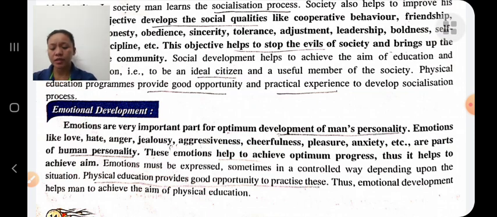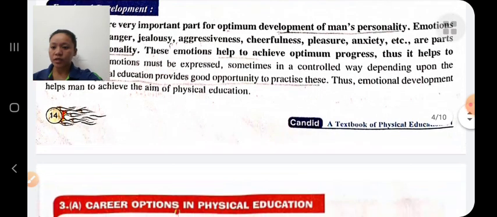Physical education helps to bring stability to his emotions. Physical education also teaches an individual to accept failures with a positive mind, which is helpful throughout his life. These are the objectives of physical education.